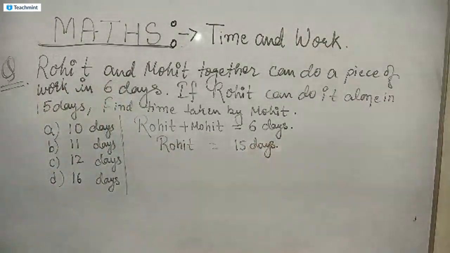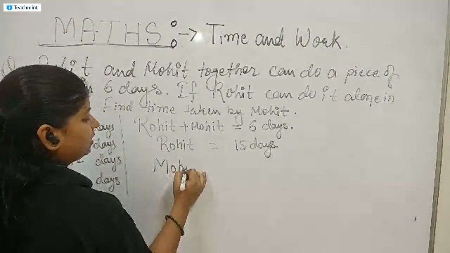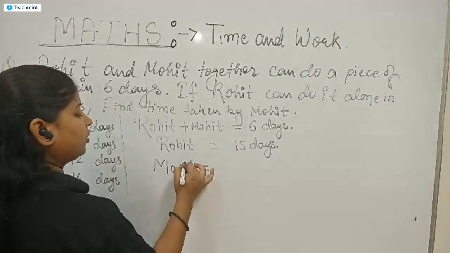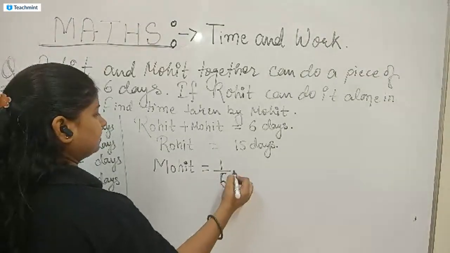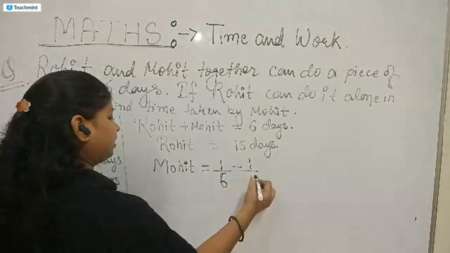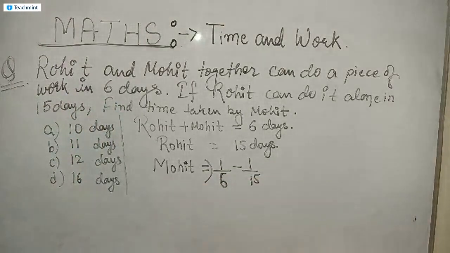I have to find the time taken by Mohit. So how much time will Mohit take? 1 upon 6 minus 1 upon 15 you will do first. Because 1 day work of Rohit plus Mohit minus 1 day work of Rohit.